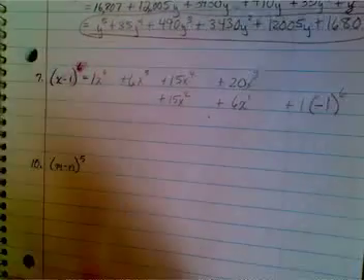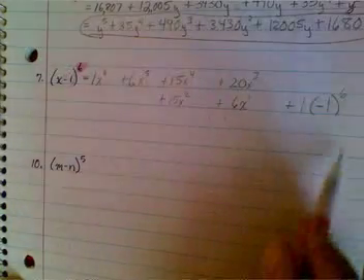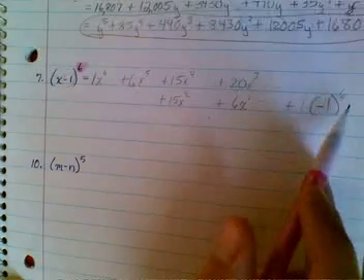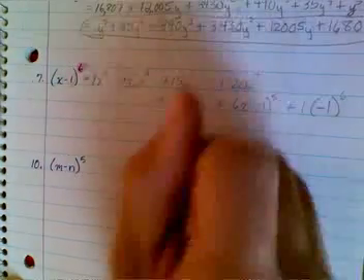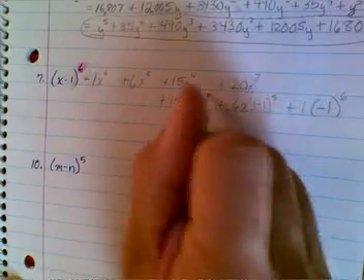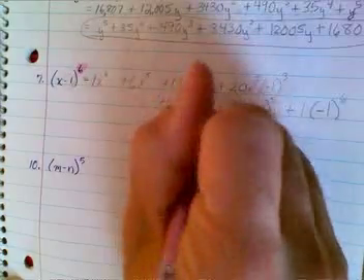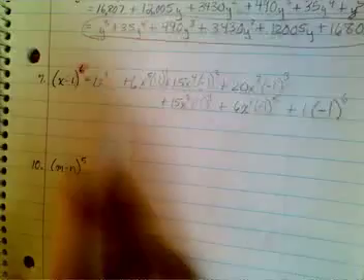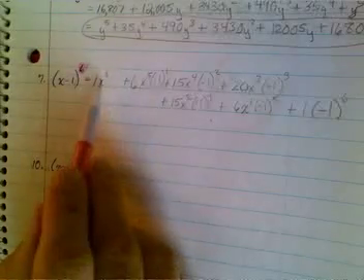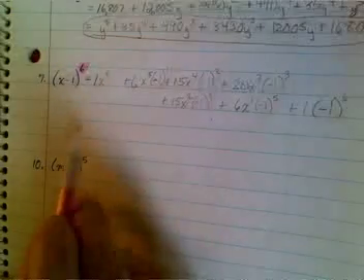Number 7 has a negative. So that negative has to be in parentheses when you raise it to a power. So here we go. -1 to the 5th, -1 to the 4th, -1 to the 3rd, -1 squared, -1 to the 1st. And again, I don't have to write -1 to the 0 because we all know that is +1.